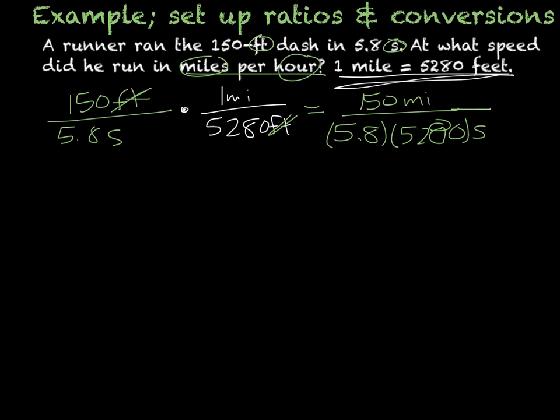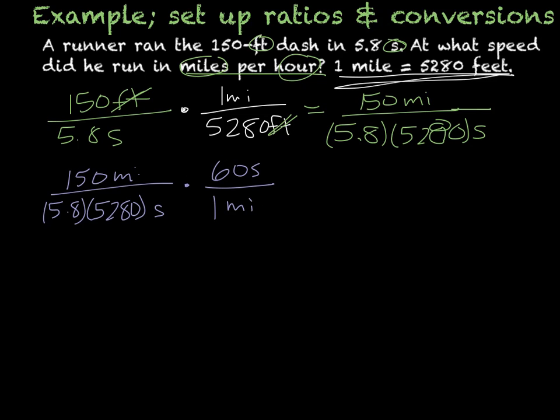Okay, now I have to convert the seconds into hours. So 150 miles over 5.8 times 5,280 seconds. So there are 60 seconds in 1 minute. And then there are 60 minutes in 1 hour. So make sure you set them up opposite on the fraction bar so they can cancel out. So my seconds cancel out, my minutes cancel out, leaving me with hours and miles.